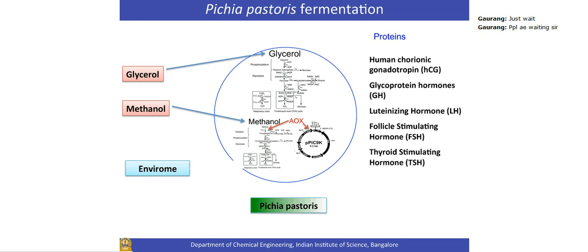Now let me come back to this Pichia pastoris fermentation that I mentioned at the beginning of my talk. What exactly are we trying to do here? For the sake of our example, the nutrients that I am going to control are these two, glycerol and methanol. That constitutes my environment.